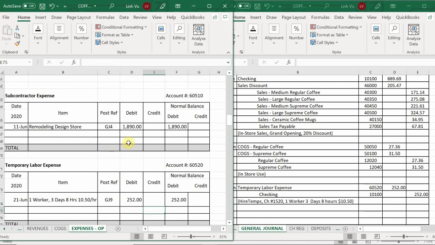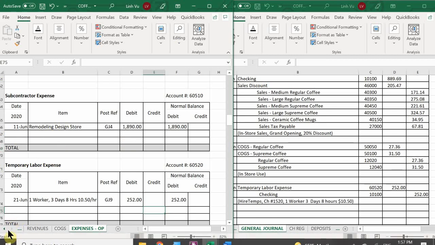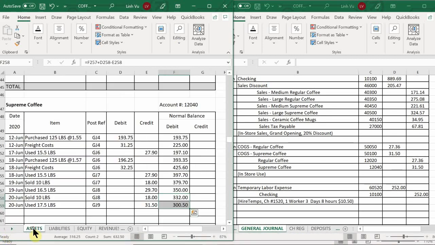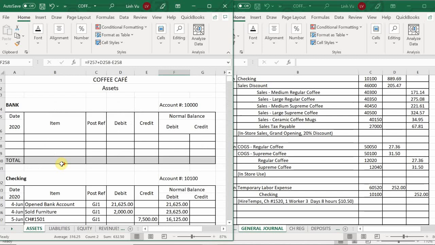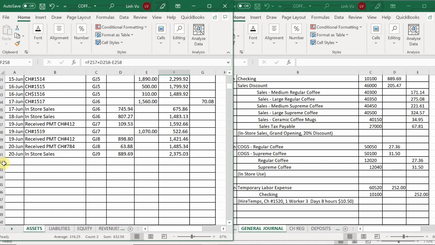We're going to checking. 21st. Checking.